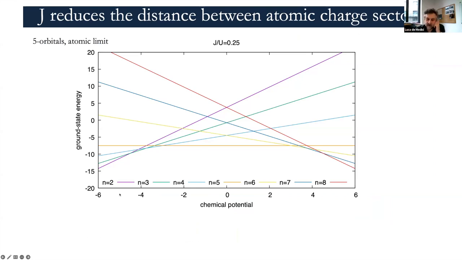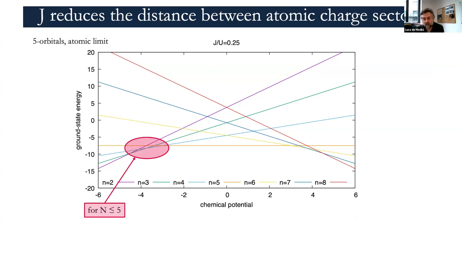And what we see here is, for each charge sector of different color, the range of chemical potential where it is a ground state. And what you can see for a sizable Hund coupling, typically using our calculations, is that there is a zone of chemical potential which is pretty small, in which the ground state changes quickly among different charge sectors, and a lot of them have comparable energies.